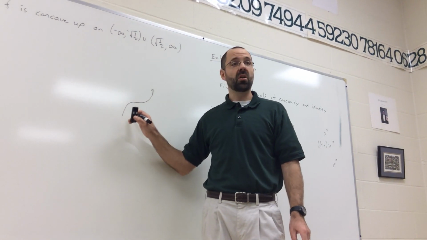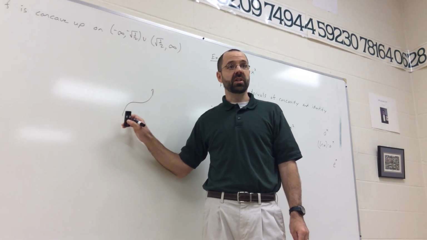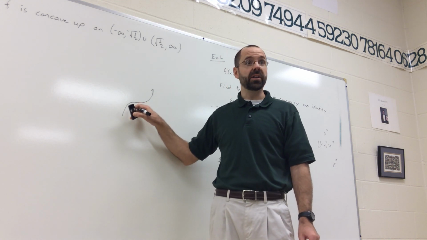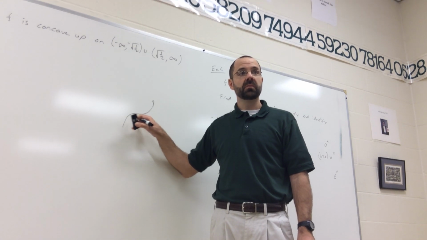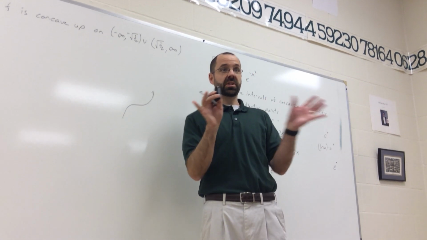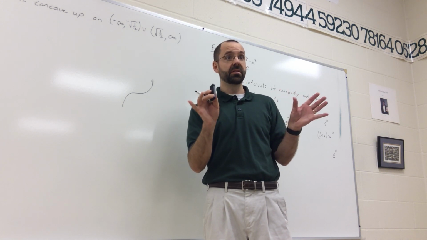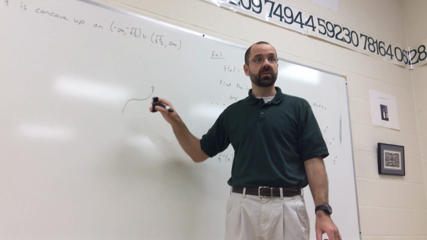Okay, so if you solved this, derivative equal to 0, you'd get as your cutoff point 2, because the slope is 0 at 2. And then you would test below 2, and you would test above 2. And it would end up being positive on both ends, because it's increasing on both ends of 2.